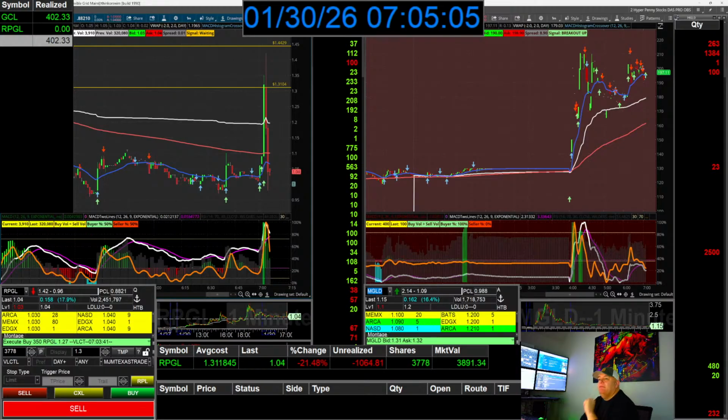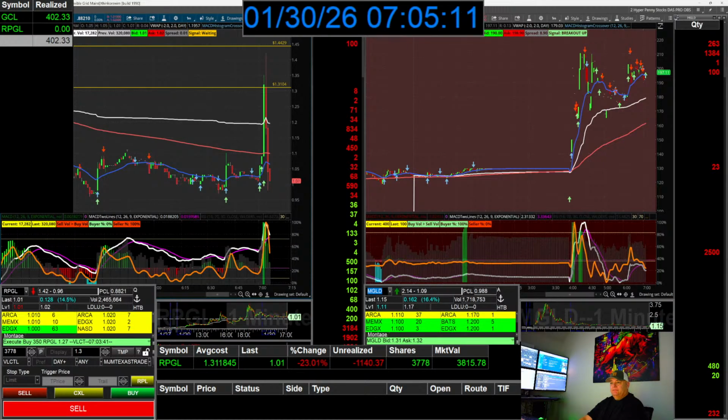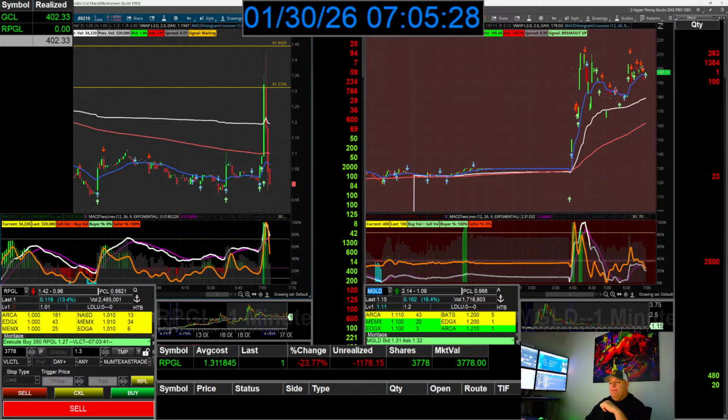Yeah, that right there was definitely a bear trap. Dang, that's definitely a bear trap right there.